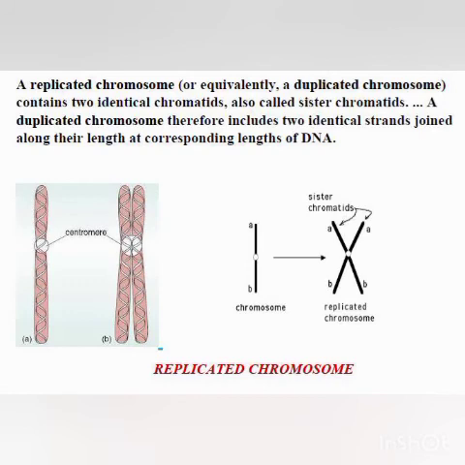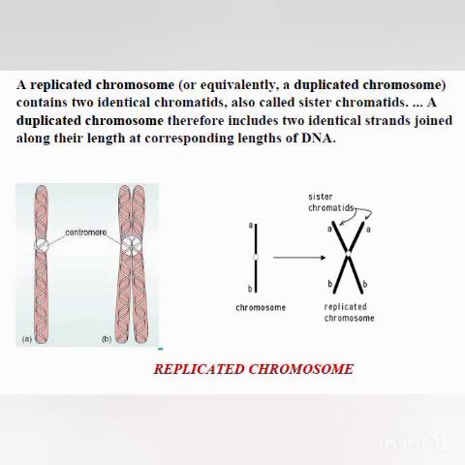Okay, so now what happens to these two identical DNA, you can see in another picture, here you can see a replicated chromosome. Here you can see first it was in A, this is an unduplicated chromosome. Now this unduplicated chromosome has only DNA. Now after replication, what has happened?